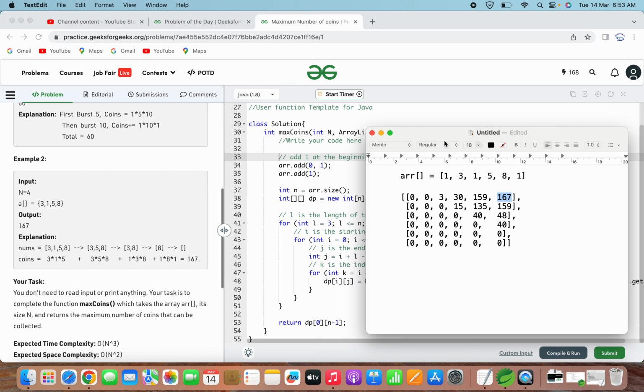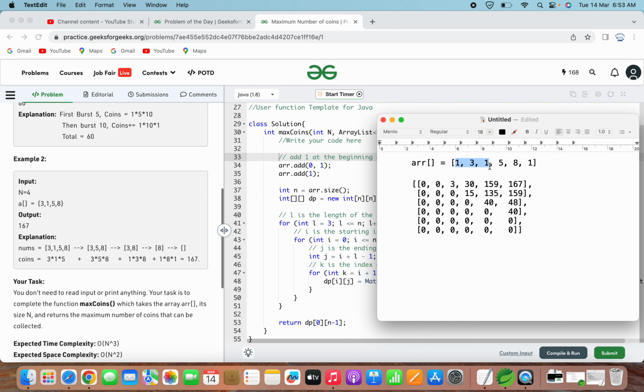Initially we are considering that only 3 elements are there. The product of the first 3 is 3, the product of the next 3 is 15, the product of the next 3, that means 1, 5, 8, is 40, and again the product of 5, 8, 1 is 40. So this diagonal is getting filled using those combinations.